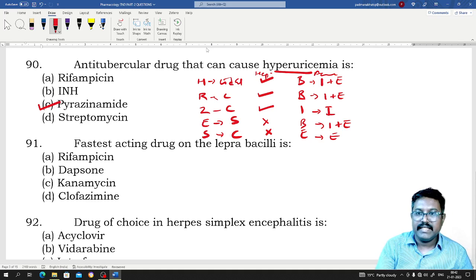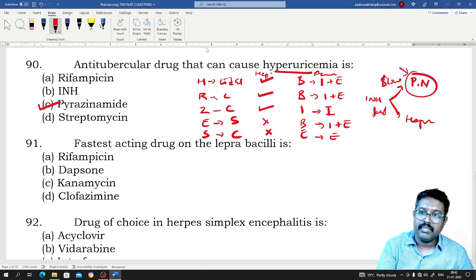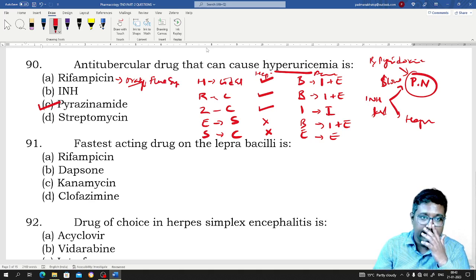So usually with INH, in case of slow acetylators, it can lead to peripheral neuritis. In fast acetylators, it can lead to hepatotoxicity. This peripheral neuritis can be overcome by giving pyridoxine supplementation. Rifampicin can cause orange reddish urine, which is not harmful, and it can lead to flu-like syndrome, etc. Is that clear? Fine.